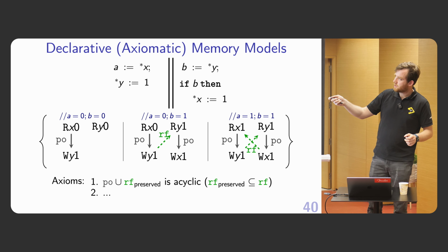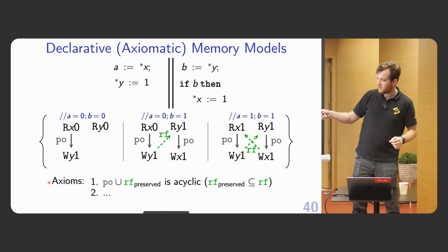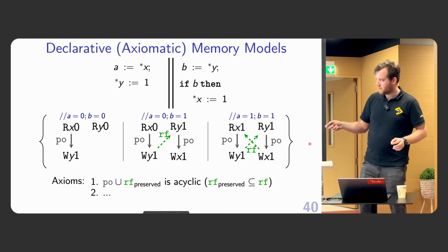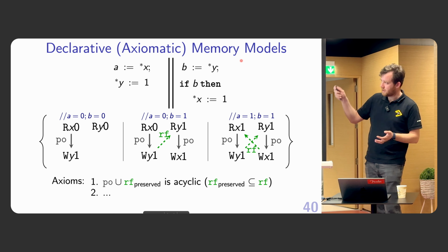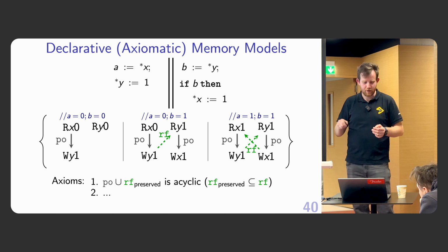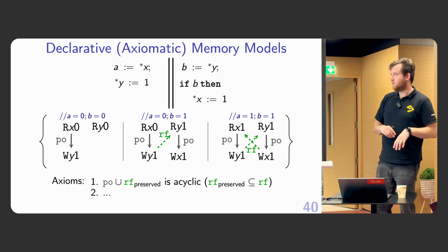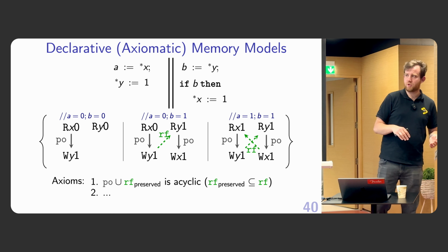What I didn't say, but wrote on the slide here, is that memory models which work like that, using execution graphs and then a list of axioms to forbid some executions, are called declarative or axiomatic memory models. More or less they all use this general structure. For example, all hardware memory models have quite established and reasonably good axiomatic memory models. But as we will see, for programming languages it's not good enough.